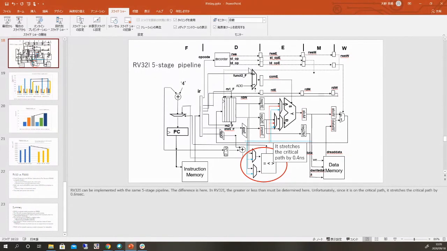Of course, the delay for branch will be increased, but if the frequency of using these instructions is not so large, it's a reasonable solution. If you do so, the clock frequency of RV32I is better than that of R3000, because the total structure is rather simpler.